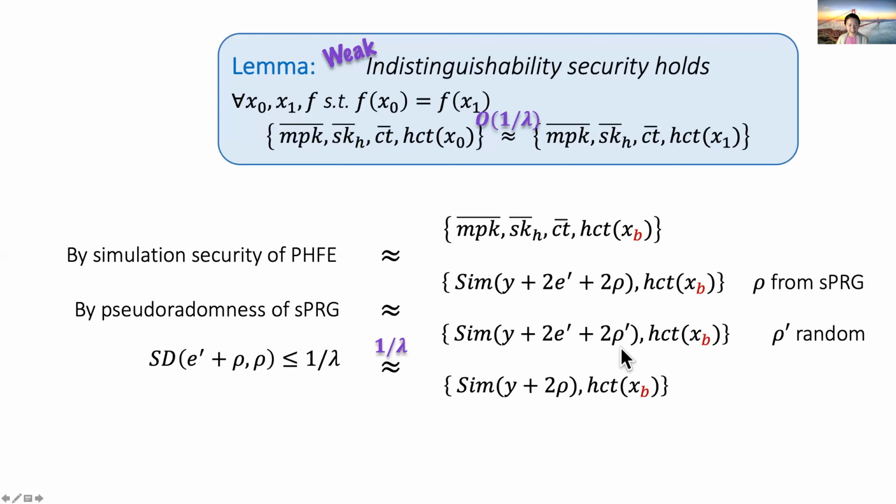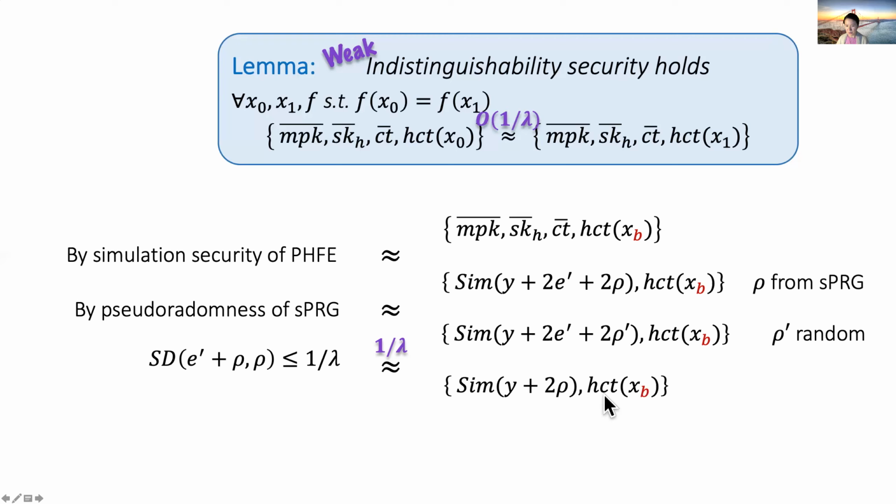And then, as we mentioned before, given that the statistical distance between E plus rho and random rho itself is upper bounded by 1 over lambda, we come to a distribution where the noise E prime has disappeared. Once the noise E prime has disappeared, nothing is revealing any secrets about the HE ciphertext.